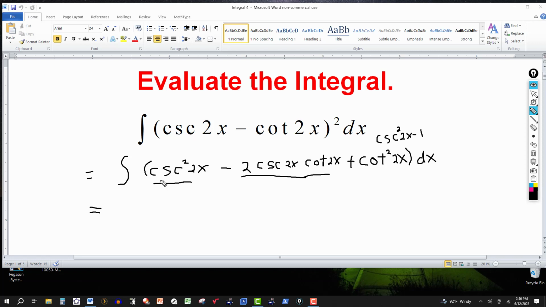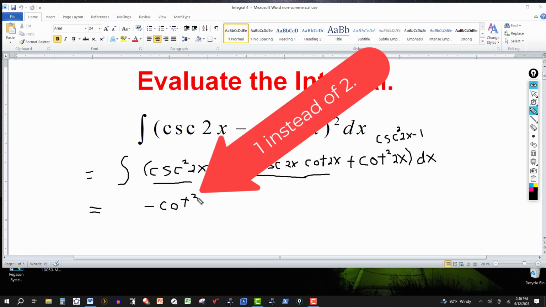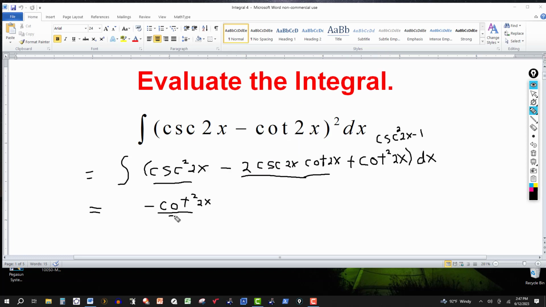So let's just go term by term then. The integral of cosecant squared of 2x is going to be a minus cotangent of 2x, and that's going to be over 2. I'm going to make it a 1/2 here, but I just put it over 2. As the derivative of 2x is 2, we do the opposite of what we do with derivatives, divide instead of multiplying.